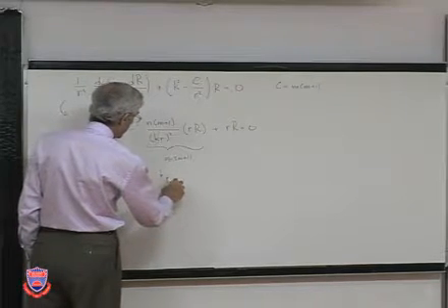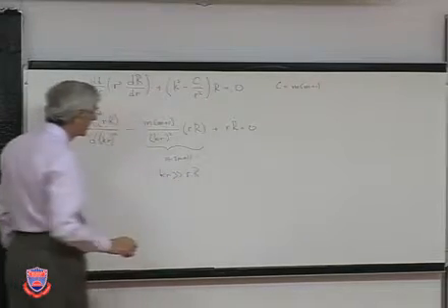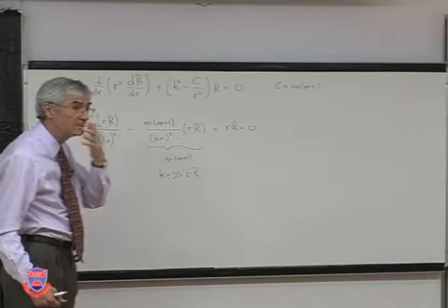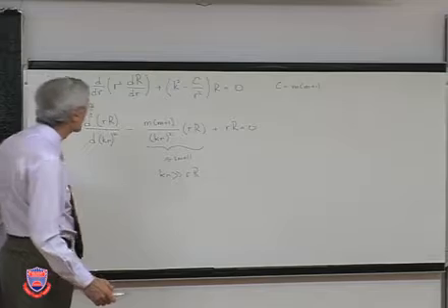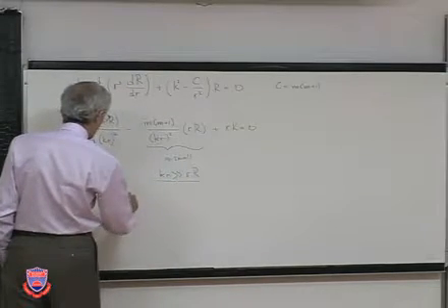If kr is much larger than this term, what happens? It downgrades to the first solution of the wave equation, which can be represented by harmonics. Exactly. So for this, then you go back.